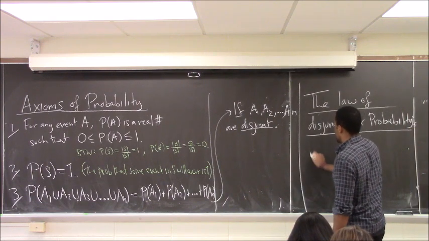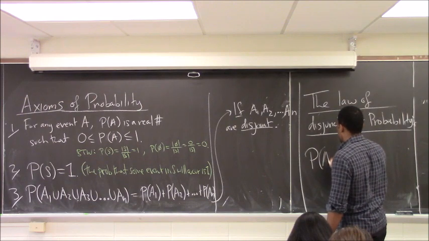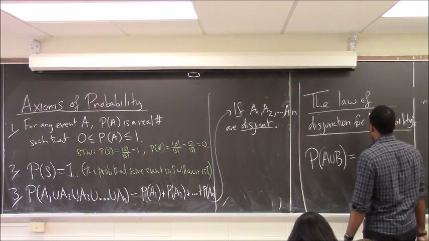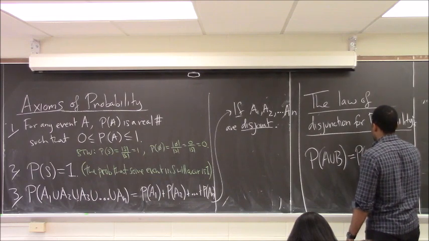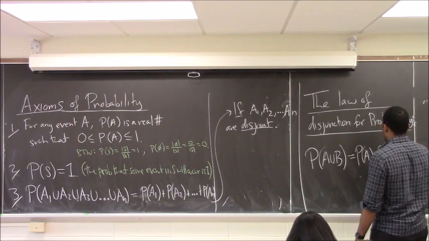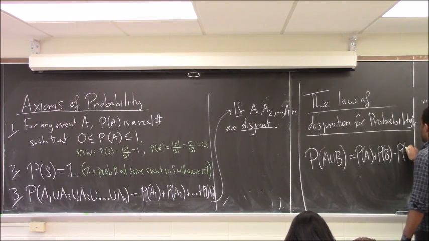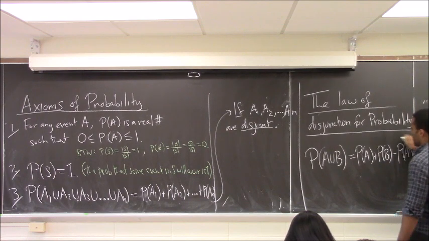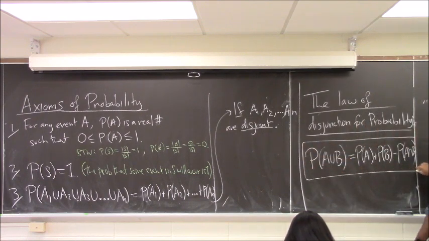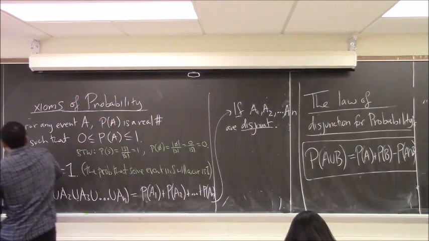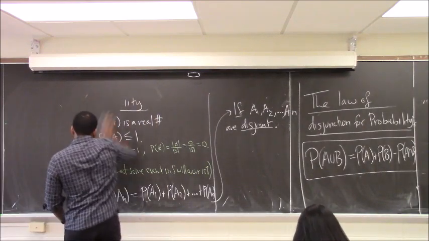It says the probability of A union B is equal to the probability of A plus the probability of B minus the probability of the intersection. So that's a formula we know now. We will consider this to always be true. You can see why this would be true.